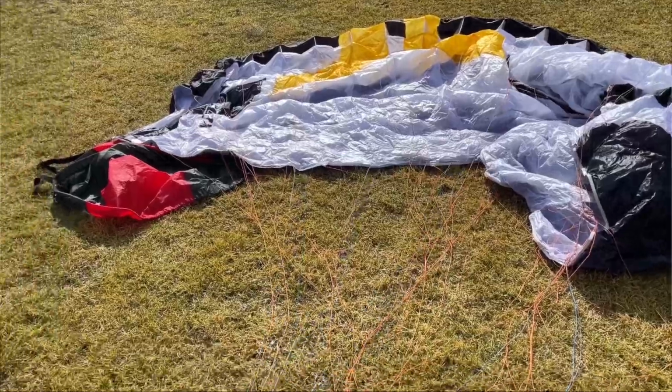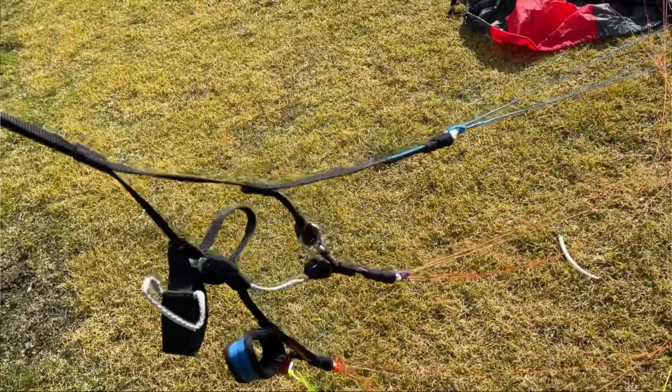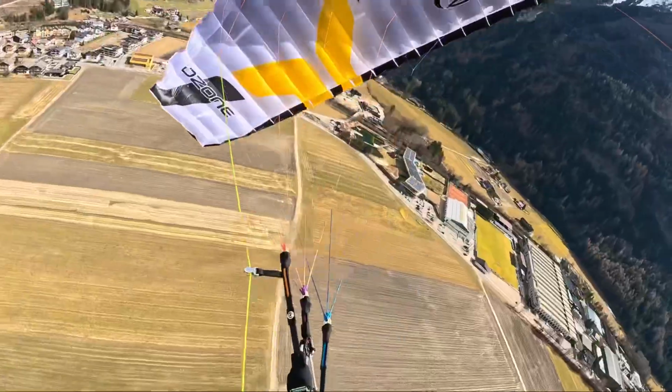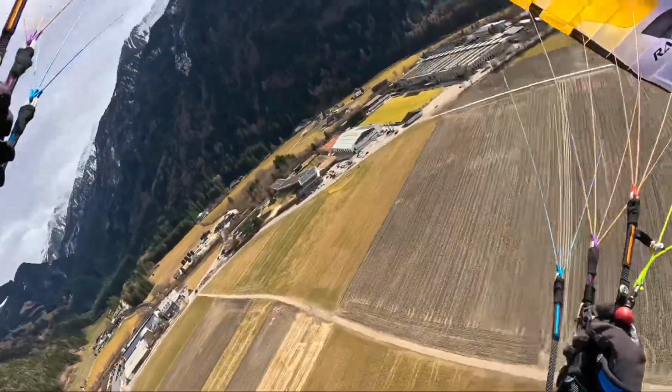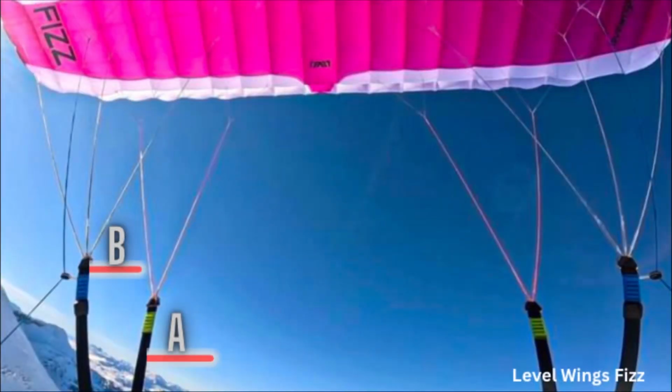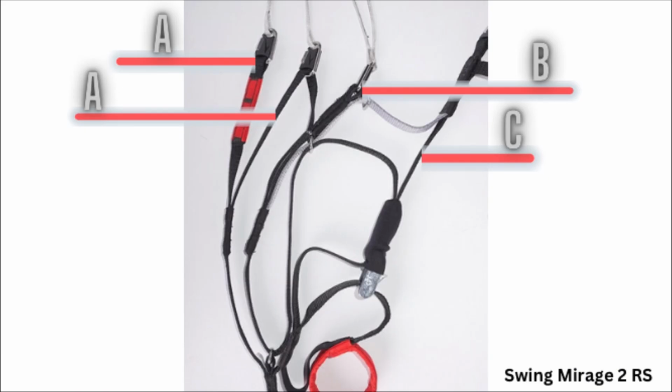It's important to note that this configuration is typical for speed wings like Rapido, Flame and Mirage. However, not all wings feature the same number of risers. Some may have more or fewer. For example, the Level Wings Fitz has only 2 risers, so A plus B, and the Swing Mirage 2 RS still has 3, but with split A risers.